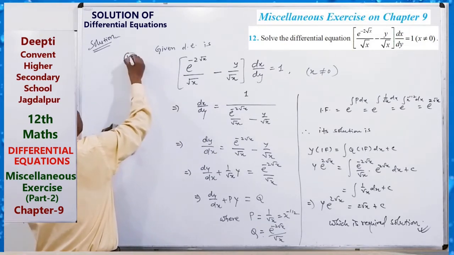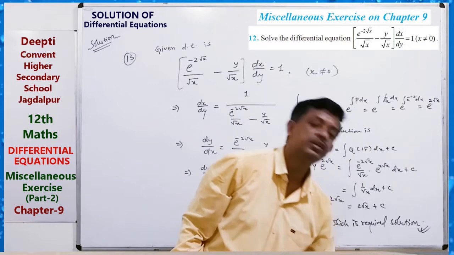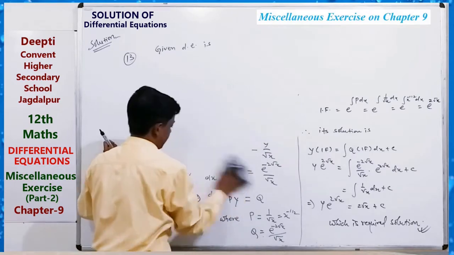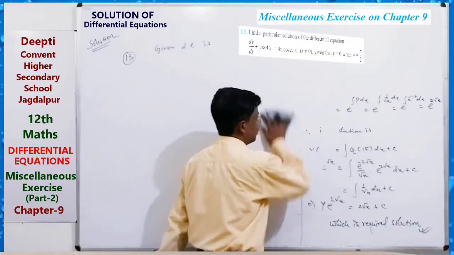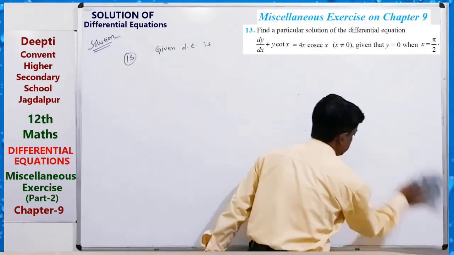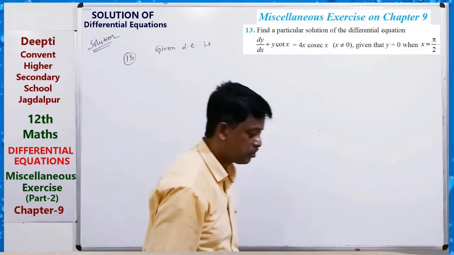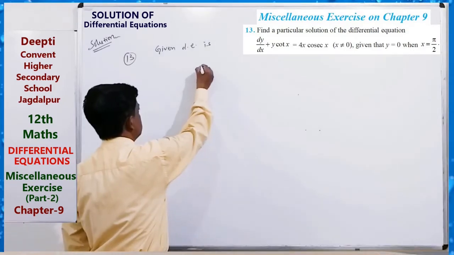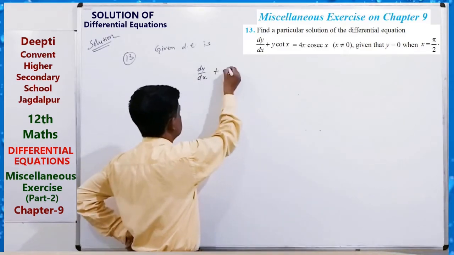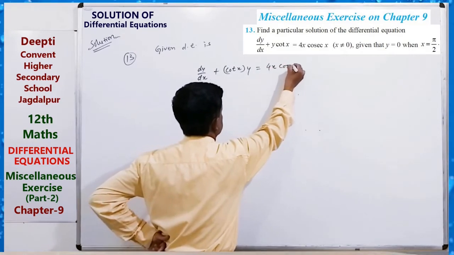I will discuss it in short because this is a particular solution, so you have to solve it completely in your copy. For getting the particular solution: dy by dx plus y cot x equals 4x cosec x.